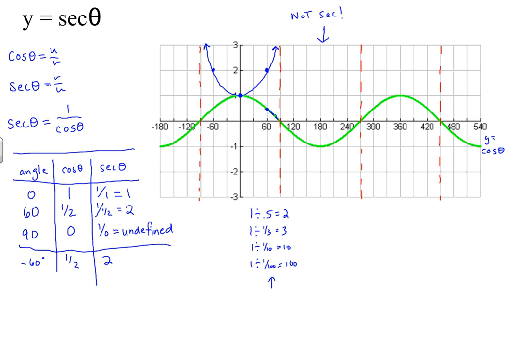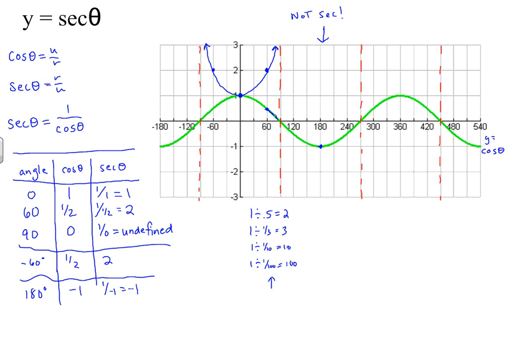Now let's look at the section between 90 and 270 degrees. Let's start with 180. At 180 degrees, the cosine value is -1. 1 divided by -1 is still -1. So here, I'm going to get that same point. Now, what do you suppose is going to happen?